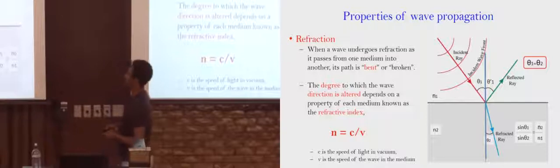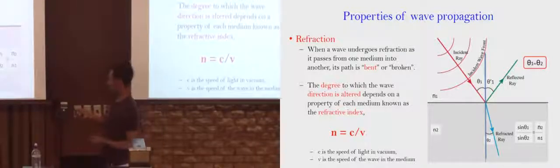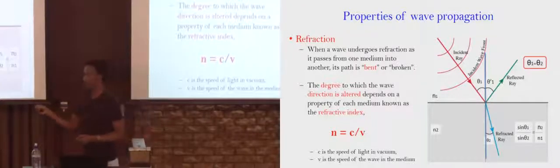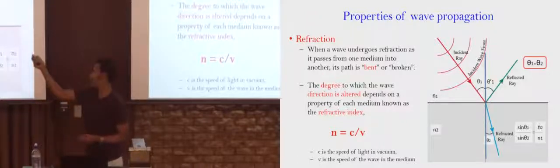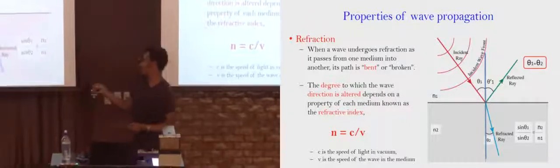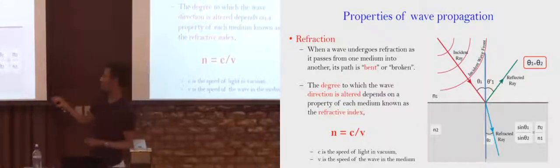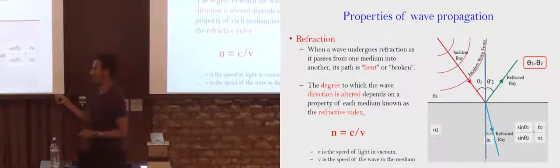The law of refraction says sine theta 1, the angle of incidence with respect to the normal line, divided by sine theta 2, the angle of refraction with respect to the normal line, is equal to N2 over N1.